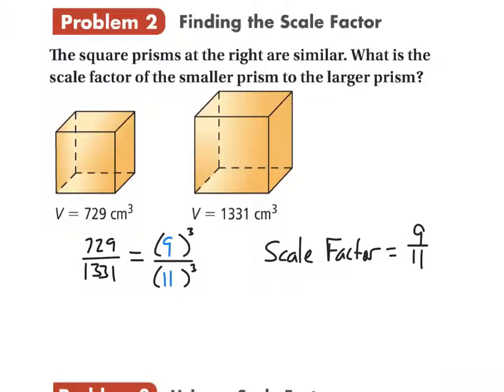If we need it, or if they ask for it, how then do we find the ratio of area? Square both of them. 9 squared is 81. 11 squared is 121. Okay. I think you guys now know enough to be dangerous on this. Let's get to some homework.